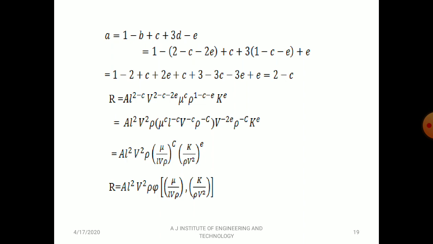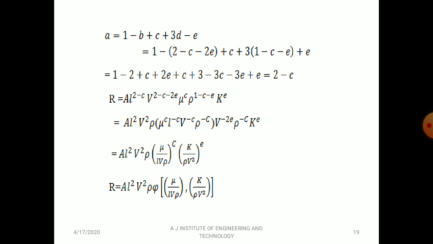I get the expression as a into L square v square rho into, clubbing together the C power terms, mu to the power C, L to the power minus C, v to the power minus C, rho to the power minus C, into v to the power minus 2E, rho to the power minus E, into k to the power E. So clubbing together C power terms and E power terms, that is equal to a into L square v square rho into (mu divided by Lv rho) to the power C. L to the power minus C, v to the power minus C and rho to the power minus C go to the denominator and become L to the power C, v to the power C, rho to the power C. We have mu to the power C in the numerator, so we can combine together.